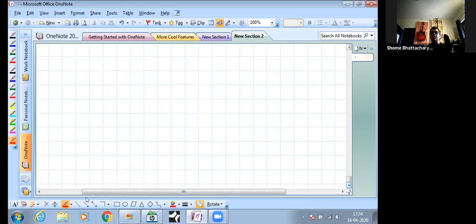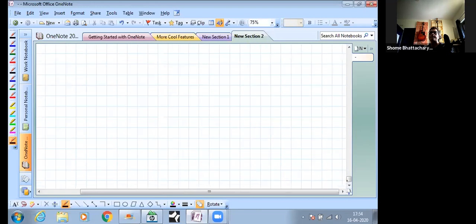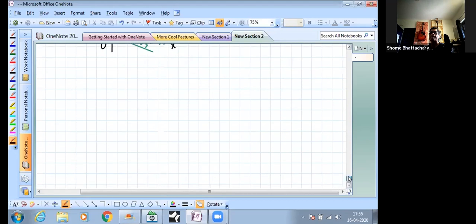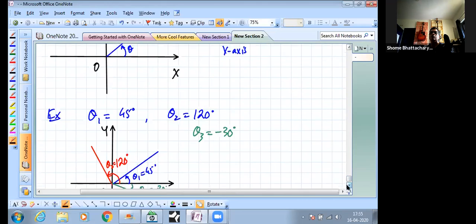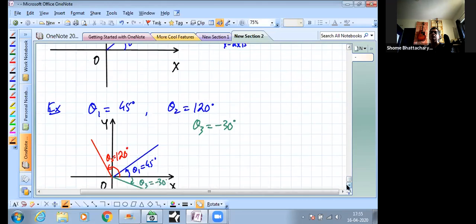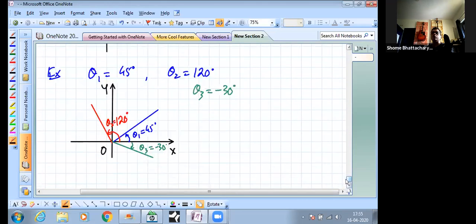So next thing we'll understand here is what a projection itself is. But first I'll just leave you to understand this diagram a little bit. So this is what we mean by an angle of 45 or an angle of 120 or an angle of minus 30 degrees.